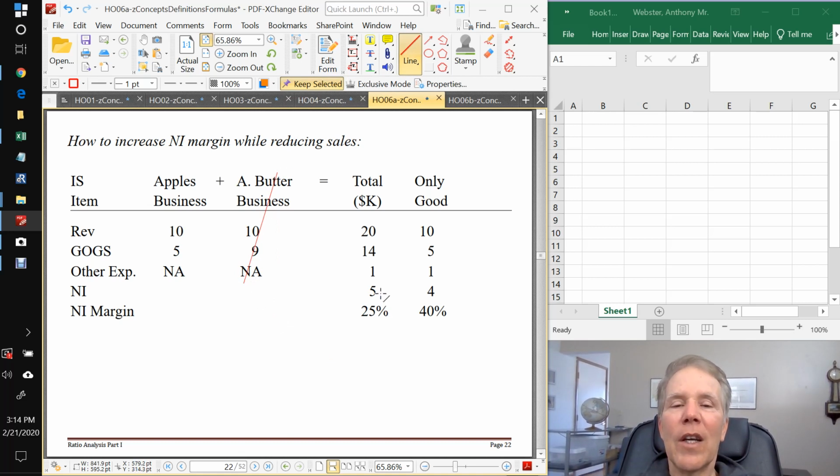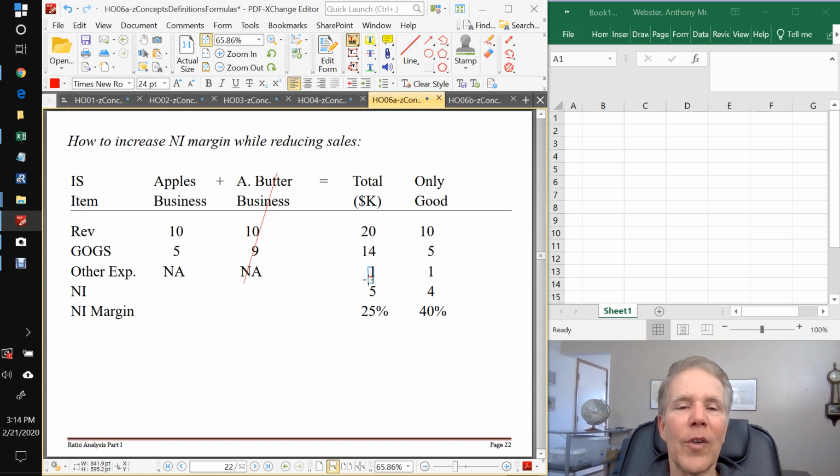They've still got to pay their accountant and all that jazz, so they are going to have this other expense for accounting and stuff like that. But if they jettison the apple butter, they'll have a pile of money from selling it, and their profit margins will increase wildly. And of course, the investment banker makes a big fee.